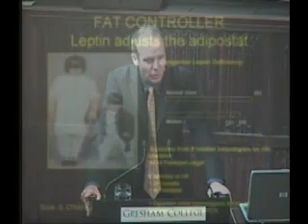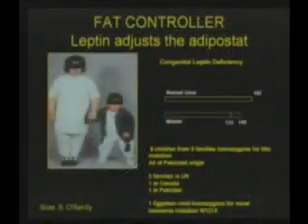Now, those of you who were brought up on Thomas the Tank Engine will know about the fat controller. Well, this is not the fat controller, but the fat controller. The fat controller is leptin, which adjusts the so-called adipostat. It's like a thermostat, but it manages fat in your brain.